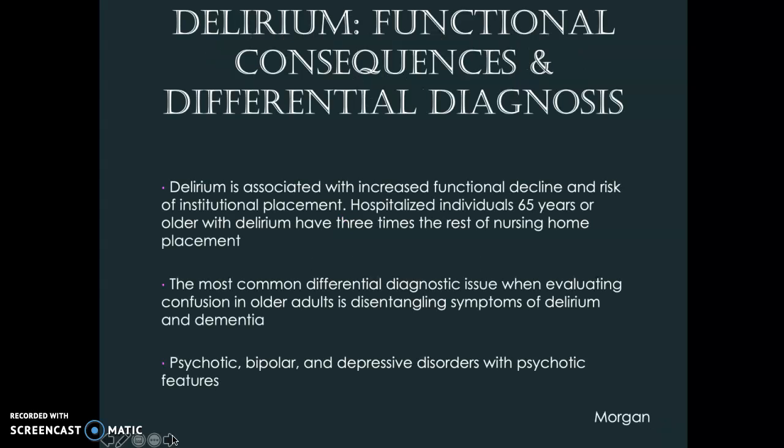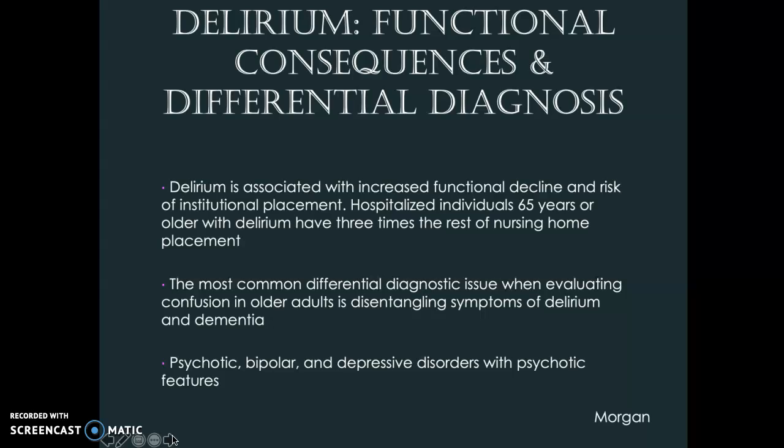Functional consequences and differential diagnosis. So, delirium is associated with increased functional decline and risk of institutional placement. Hospitalized individuals 65 years or older with delirium have 3 times the risk of nursing home placement. Looking at differential diagnosis, the most common issue is evaluating the symptoms of delirium and dementia.